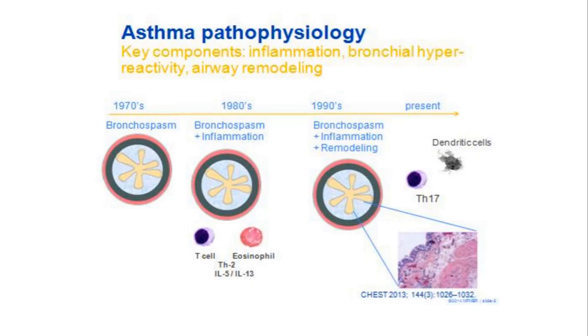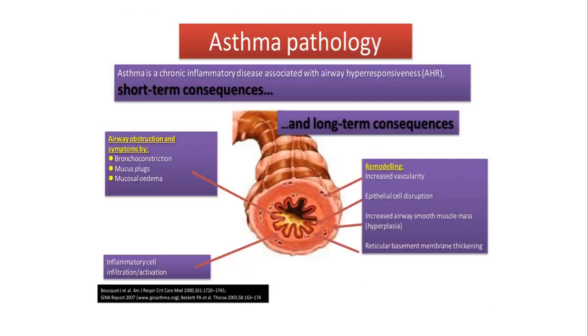In the 90s and late 90s, bronchospasm and inflammation and also remodeling, where the theory of T helper cells and dendritic cells was presented, which is the modern pathophysiology.